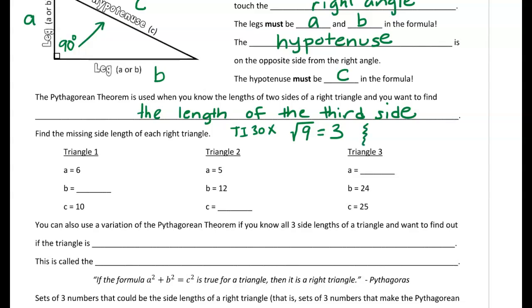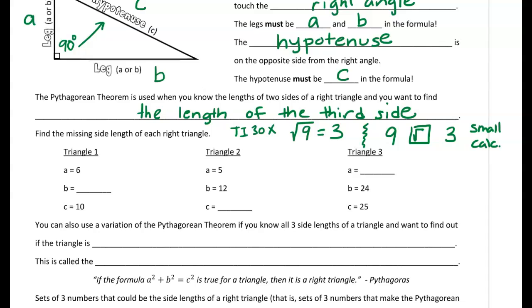Now, if you have one of the little calculators that just doesn't have any of the fancy display, sometimes you have to write the number first, and then you push the square root button, and then it will tell you the answer. So it just depends on what kind of calculator you have.